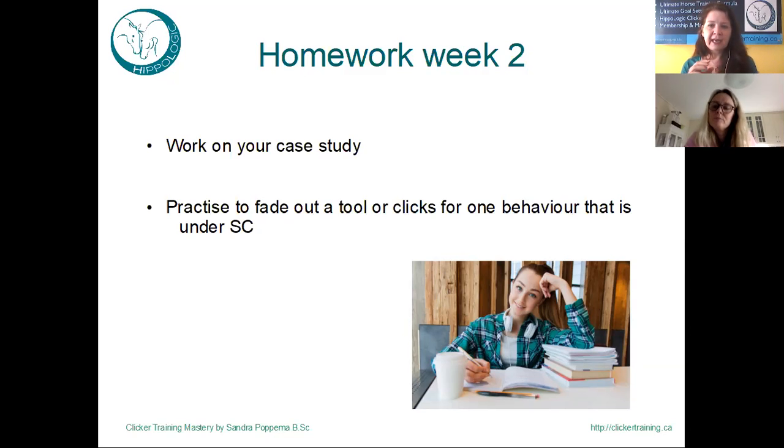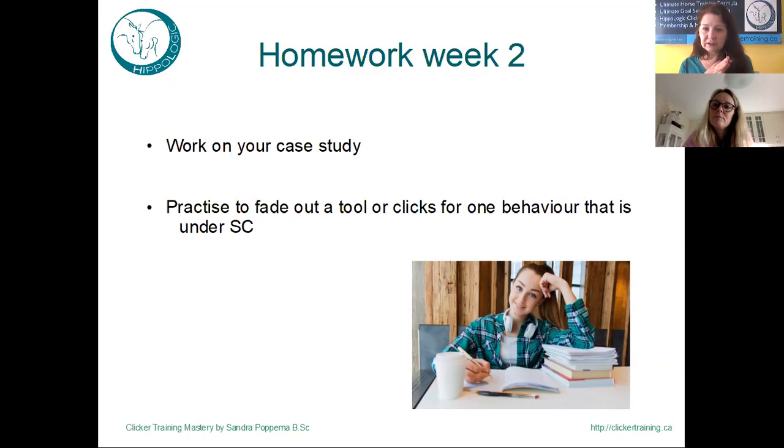It doesn't have to be perfect in a week, but I just want you to try and become aware, because we get so used to our clicks and our behaviors and our tools and our target stick. It also gives us confidence if we know that we can get the behavior even without the target stick or the mat or whatever.